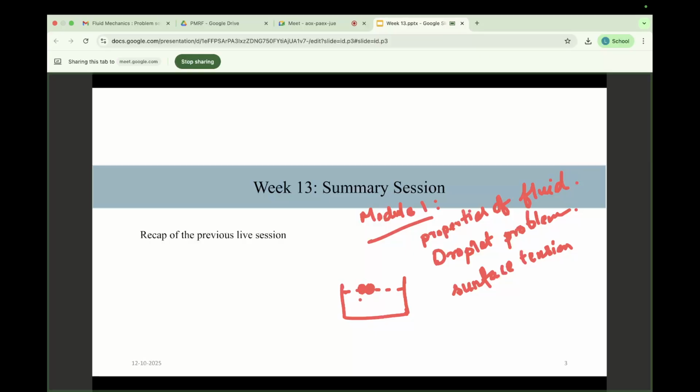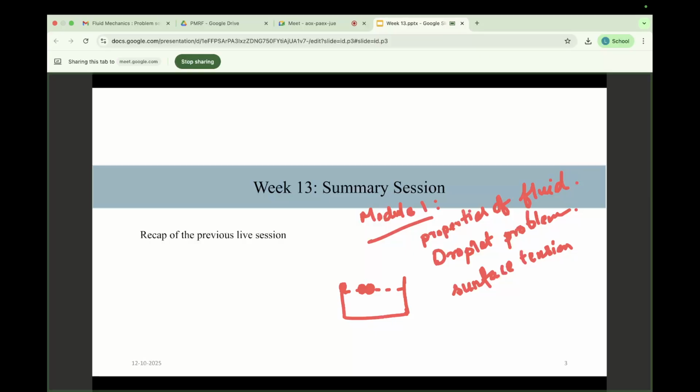Whereas capillary, you have also heard this word capillary. For capillary action, both actions are required: one is cohesion and another is adhesion. Cohesion is the force among two similar particles, whereas adhesion is between two different particles.